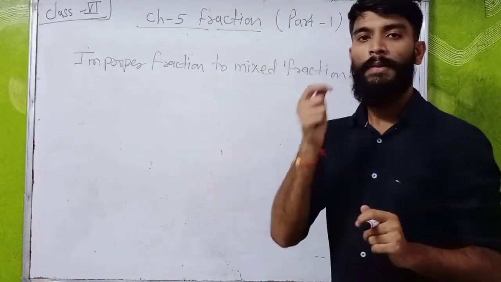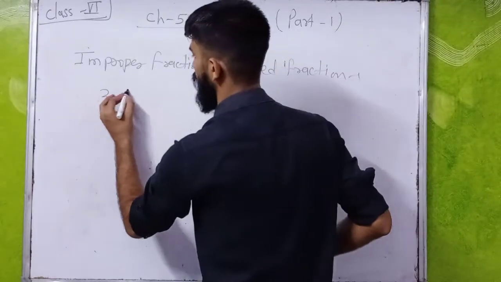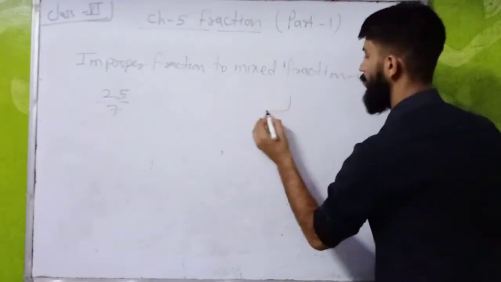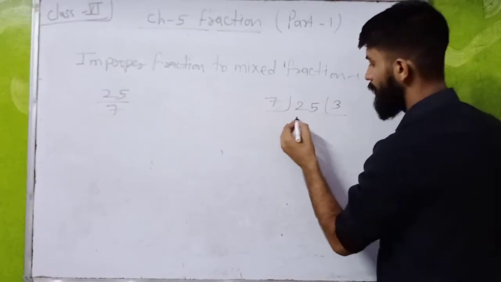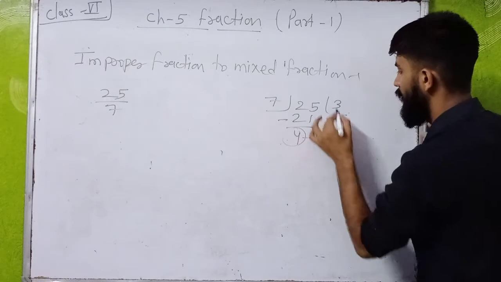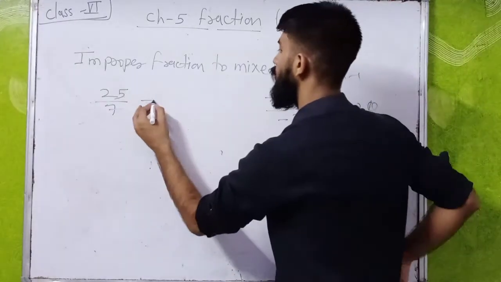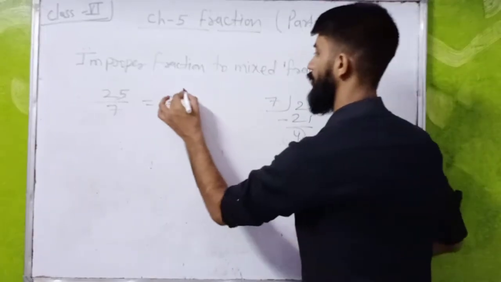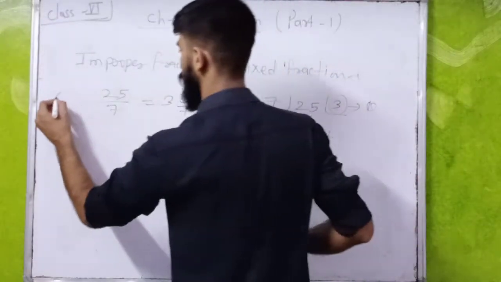An improper fraction means the value of the numerator is greater than the denominator, for example 25 divided by 7. So 25 divided by 7 means 3 times 7 is 21, 4 is your R, and this is your Q. The Q goes in the whole number place, 3. The remainder becomes the numerator. Clear?